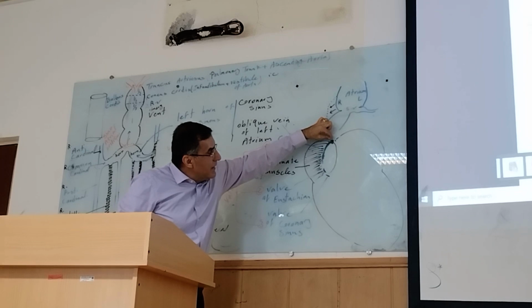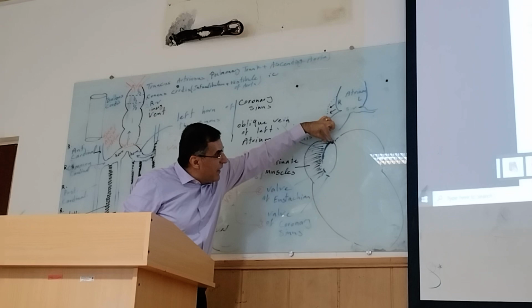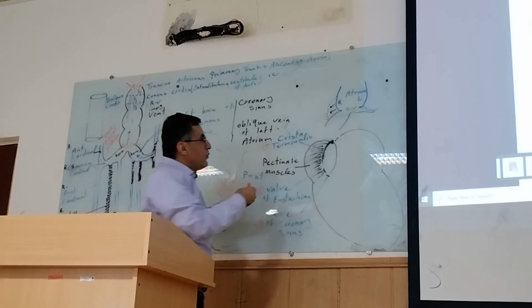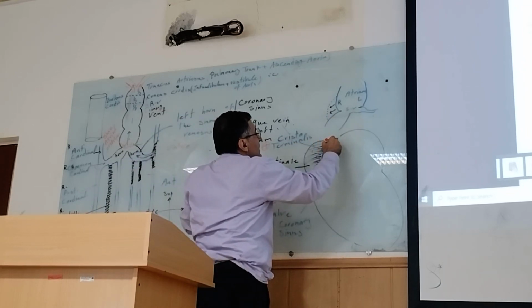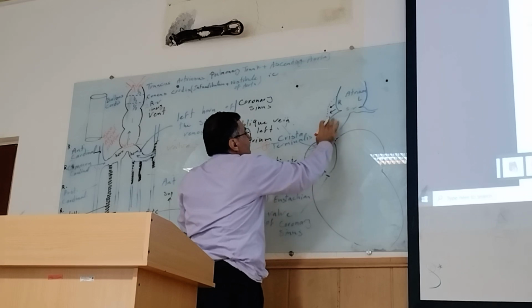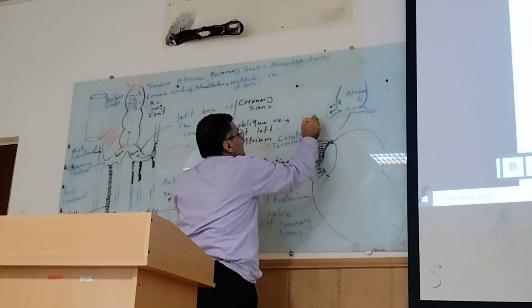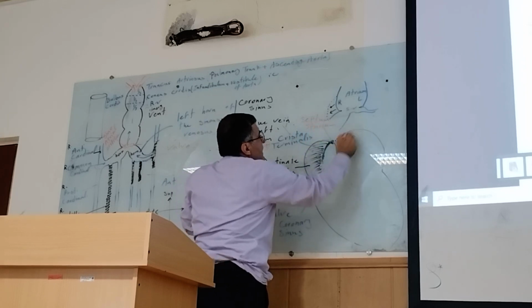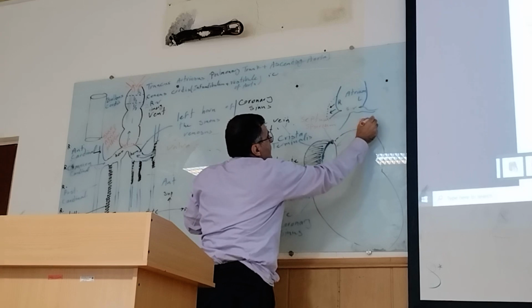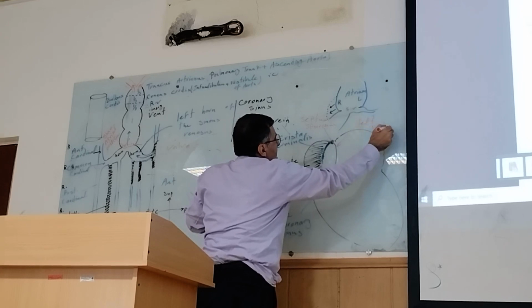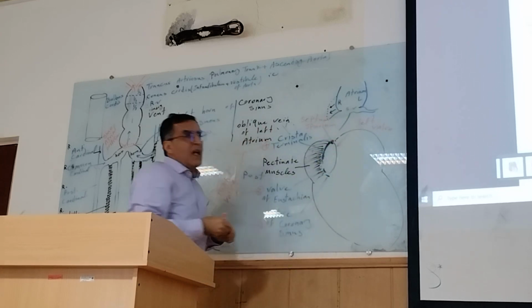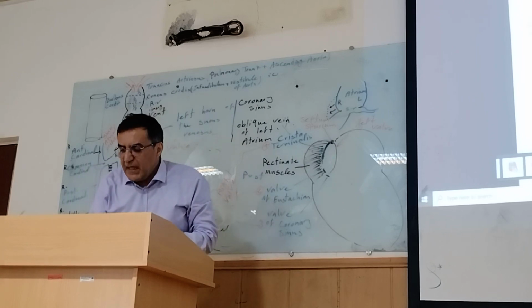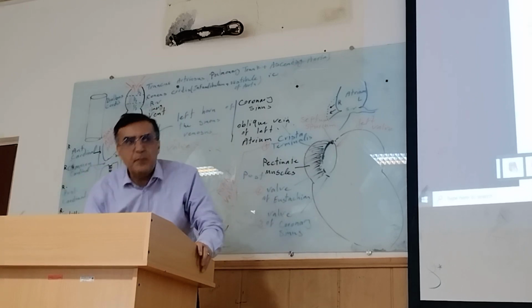This one is named the septum spurium, the part joining the two valves. And this one is the left valve. These two structures participate in the interatrial septum.